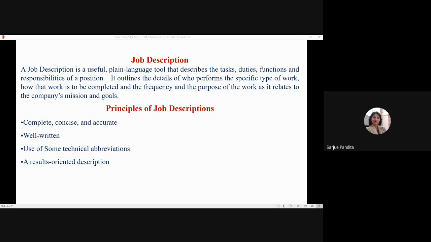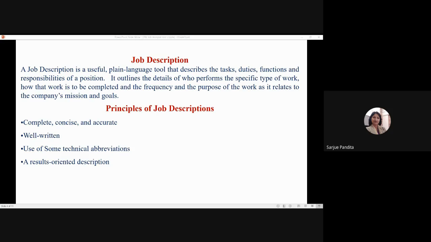So it also helps the compensation consultant evaluate the position more quickly and effectively when it is written keeping in mind the objectivity of the job. So it helps the compensation consultant to correlate the output with the compensation, or how it should be compensated accordingly.